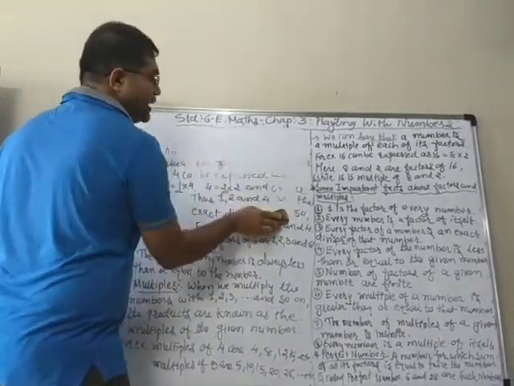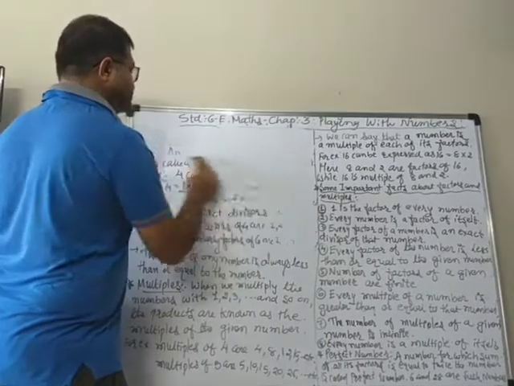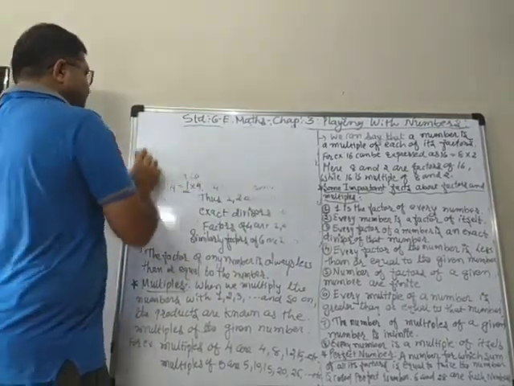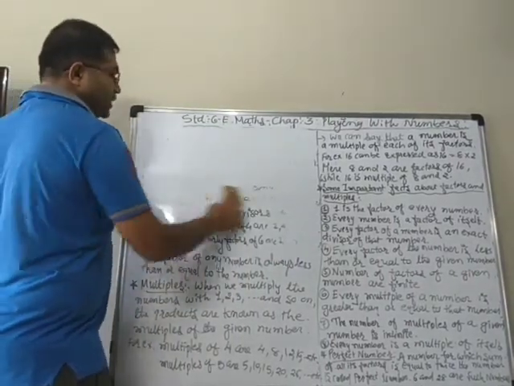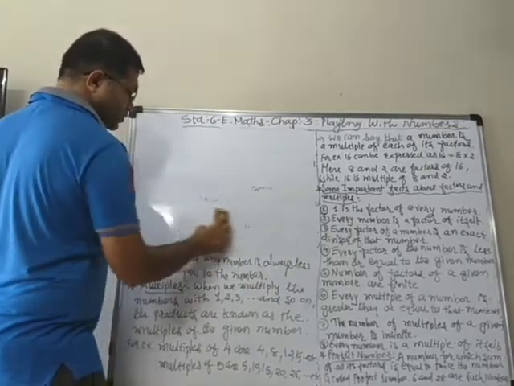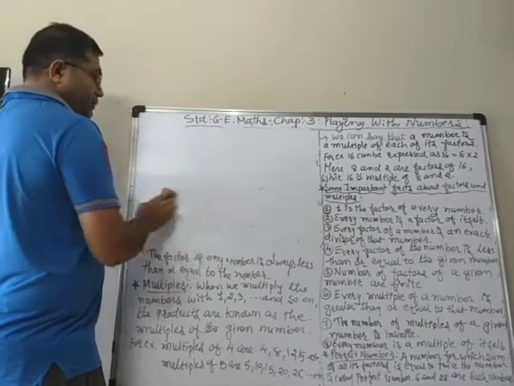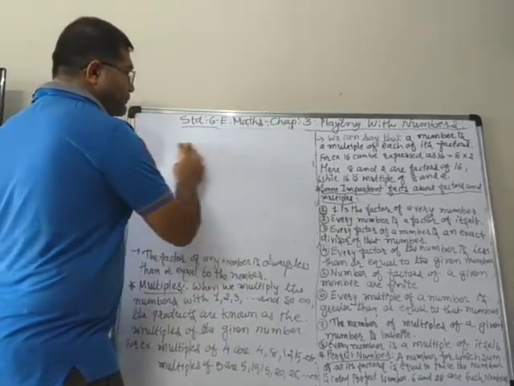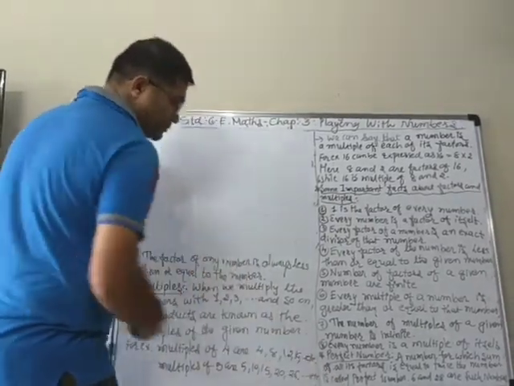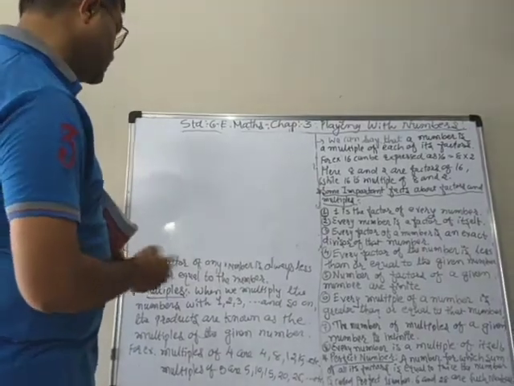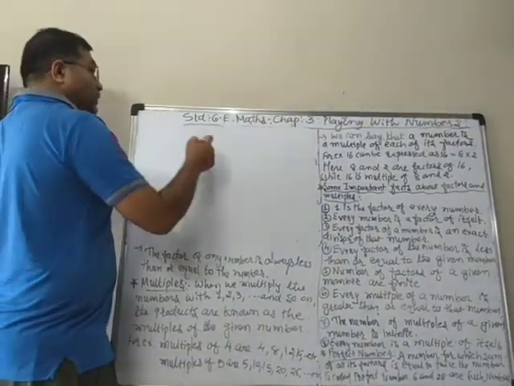Now multiples. If you want to understand about the multiples, then I will show you how you get the multiples. In multiples, you have to multiply the number by the integers. You know what integers are: 1, 2, 3, 4, etc. So if you want to find the multiples of the given number, what will we do? We have to multiply it with 1, 2, 3.